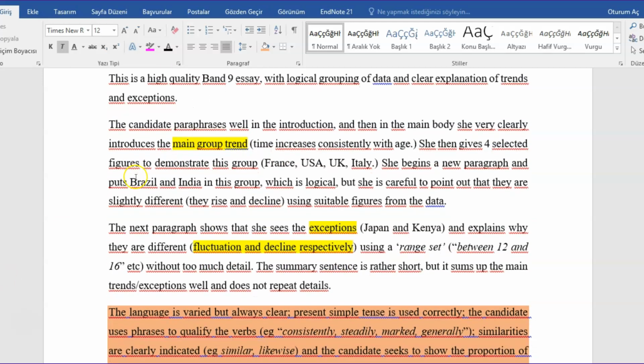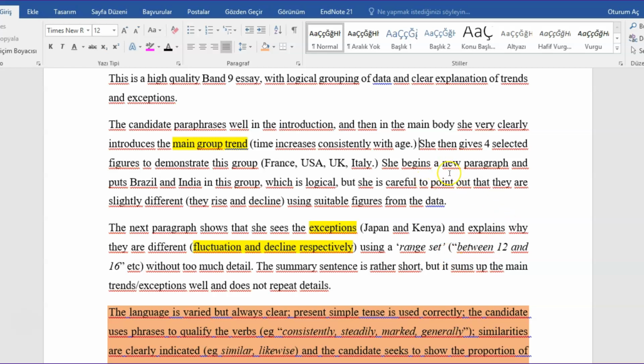The candidate paraphrases well in the introduction, and then in the main body, she very clearly and concisely introduces the main group trend: time increases consistently with age. She then gives four selected figures to demonstrate this group: France, the USA, the UK, and Italy.